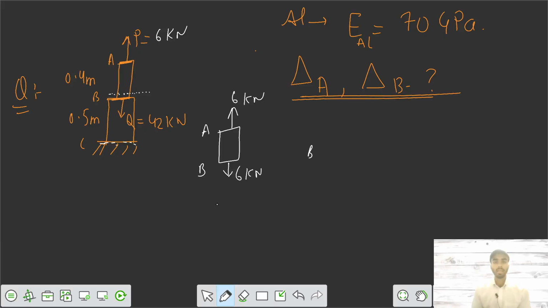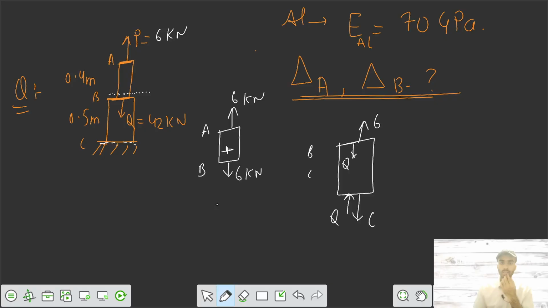And for the BC, you have Q acting, so here it has to be Q. It is compressive, here it is tensile positive, and the effect of this 6 kilonewton in BC also has to be there. If it is compressive here, it has to be tensile here, 6.